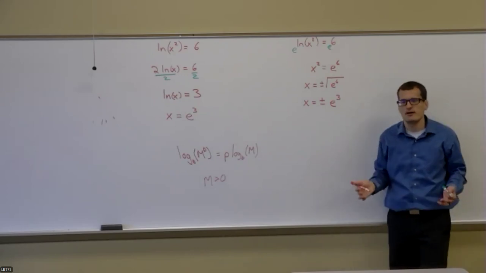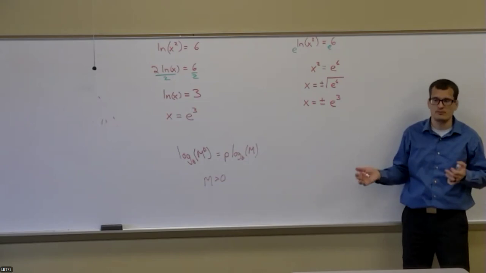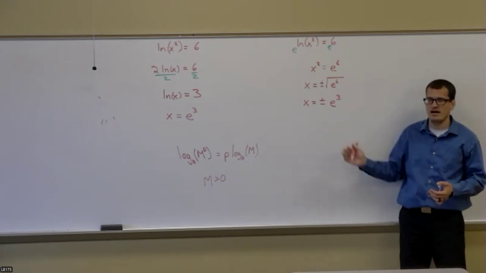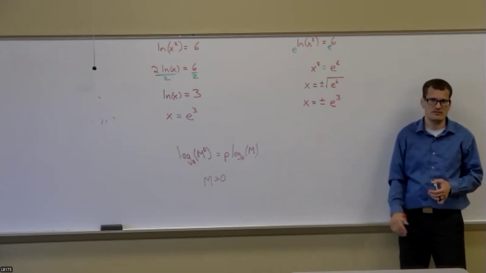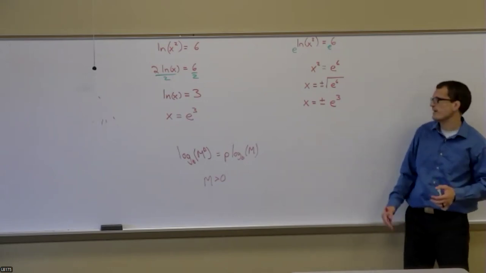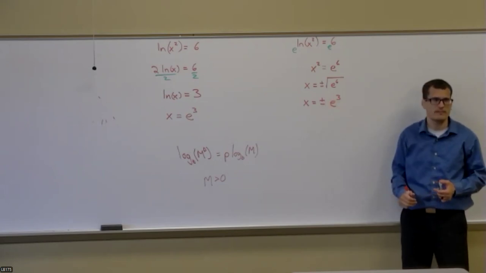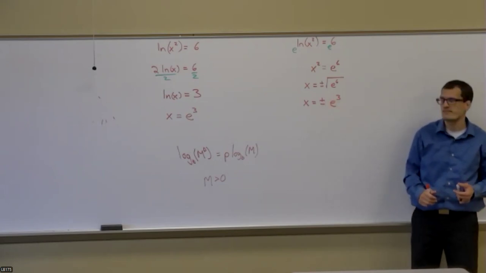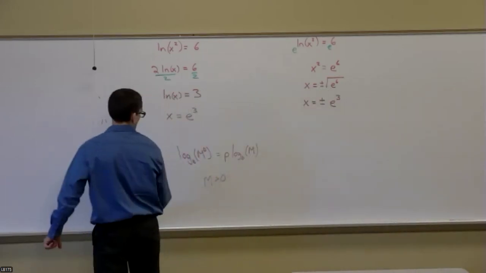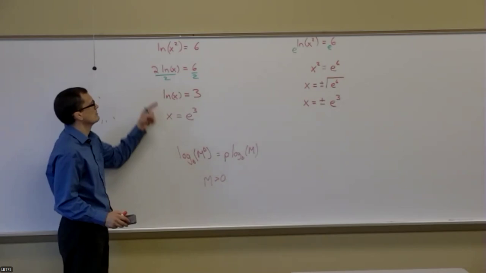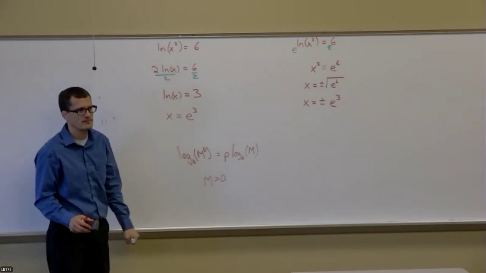And if you're doing this on Moodle, just check to see if they're asking for both the positive and negative or just the positive. A lot of times they'll just ask for positive, and you just give the one answer. Other times they might want both the positive and negative versions of that answer. That makes sense? So our power rule assumes that this x value is positive, otherwise it wouldn't make any sense.